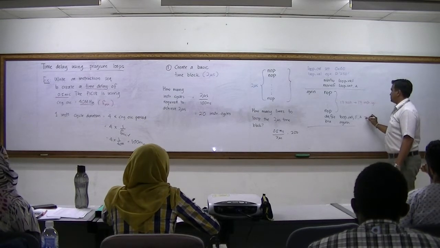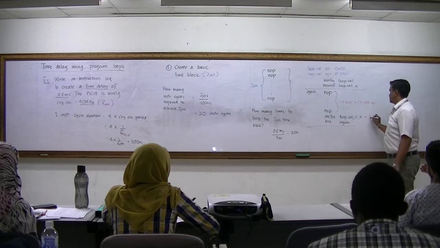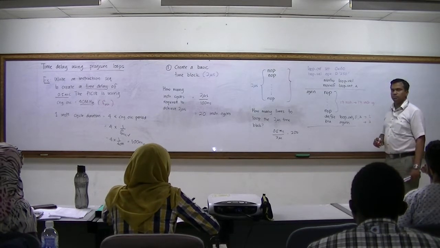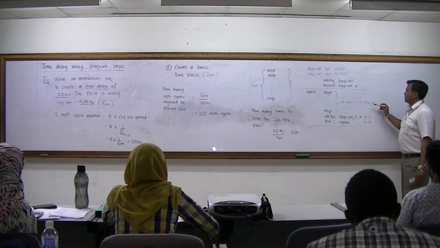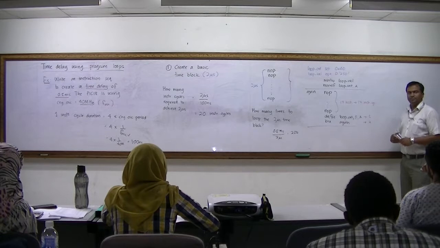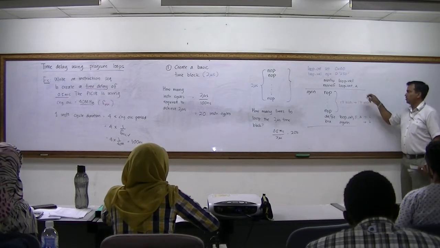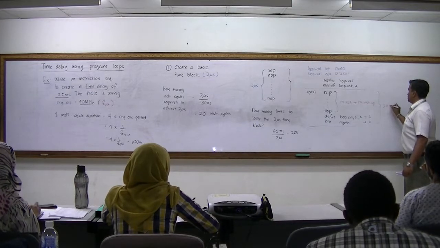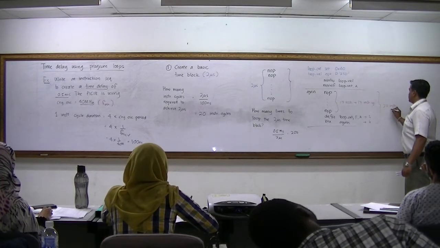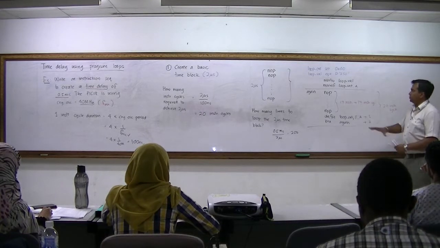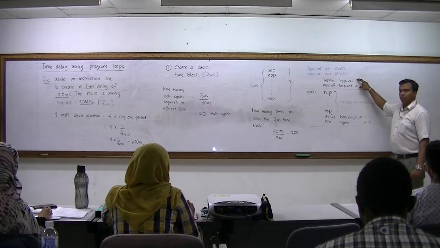This decrement will take 1, this branch will take 2. So 17 plus 1 plus 2 is 20. So you have a total of 20 instruction cycles here, but these 20 cycles are together with the loop.